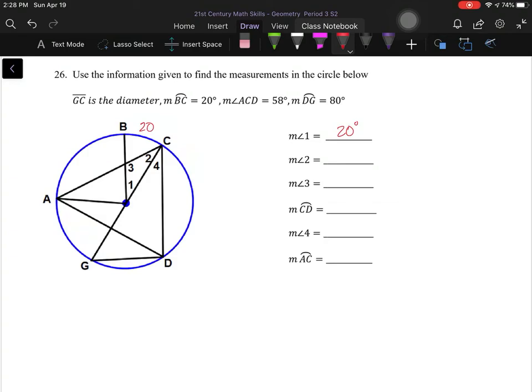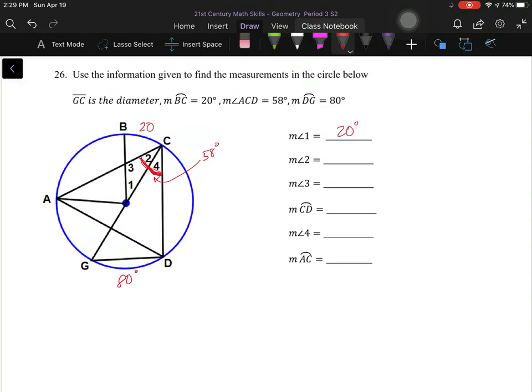Okay, the next one says the measure of angle ACD is 58. So I know that 2 and 4, those two angles, are 58 degrees. I'm going to hold off on using that for a little bit. The next one says arc DG is 80.